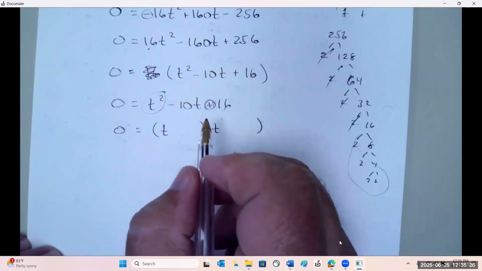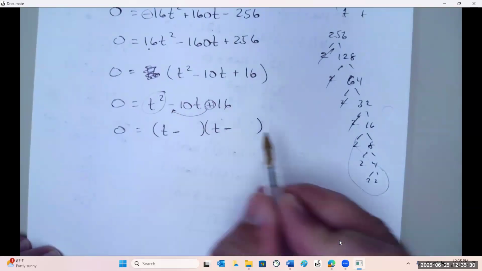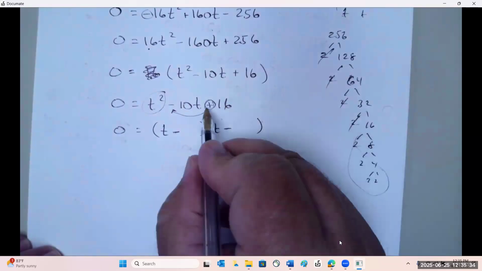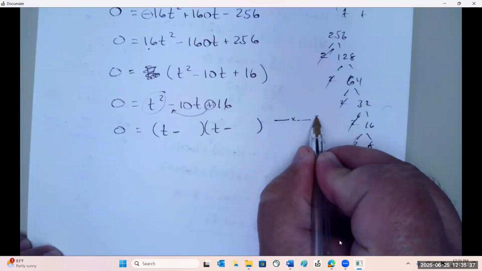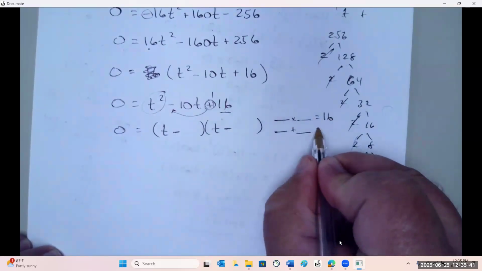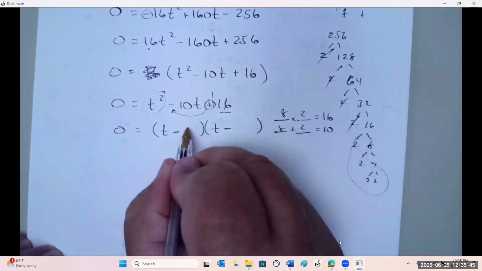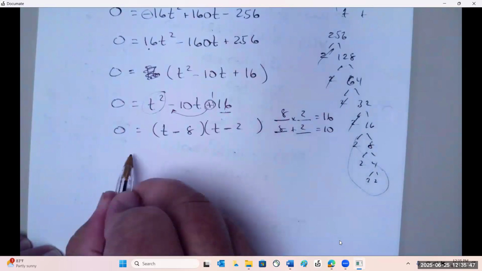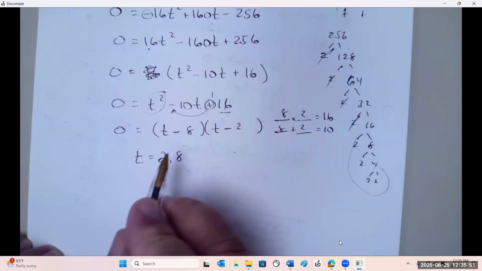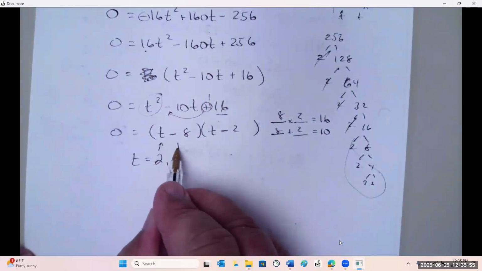That tells us they're both the same. They both have to be the first sign. They're both negatives. What times what is 16? When you add them, you get 10. So it's 8 and 2. So the time is at 2 seconds and at 8 seconds. At 2 seconds, it's going up. At 8 seconds, it's going down.